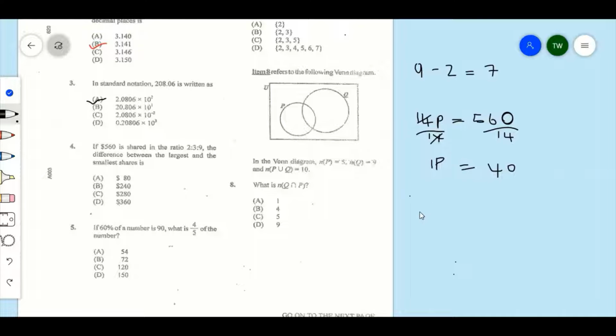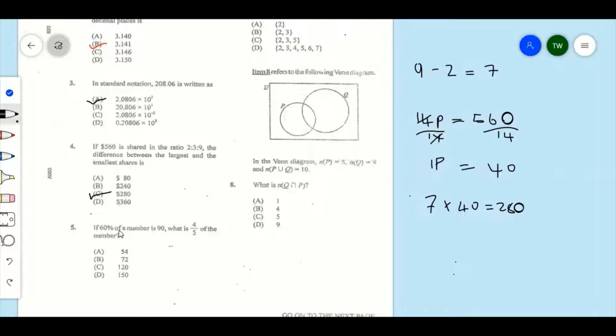So 7 parts is going to be 7 times 40, which is going to give us 7 times 0, that's going to be 0, and 7 times 4, that's going to be 28. So it's going to be $280. So the difference between the largest and the smallest share is going to be $280, which would be C in this case. Now to number 5.